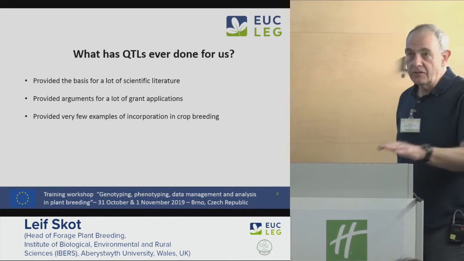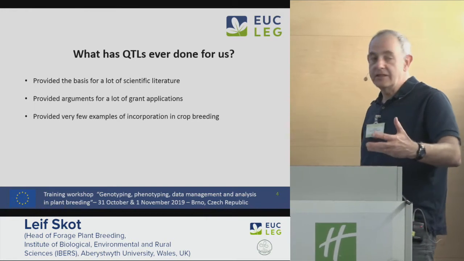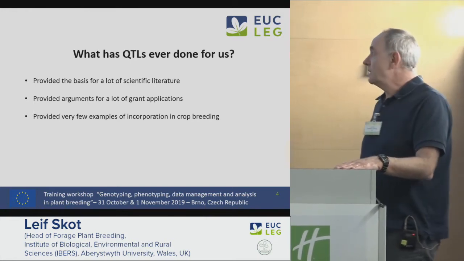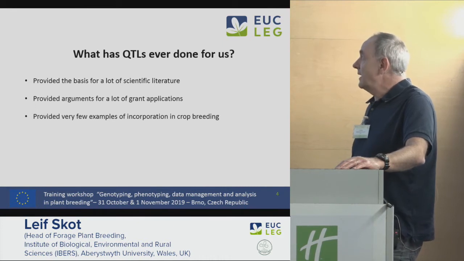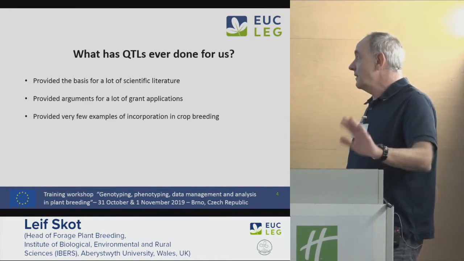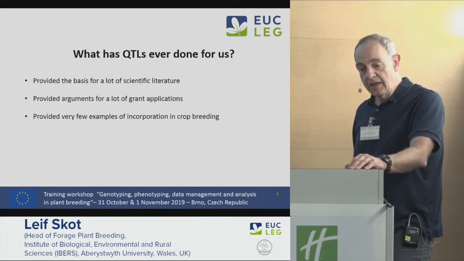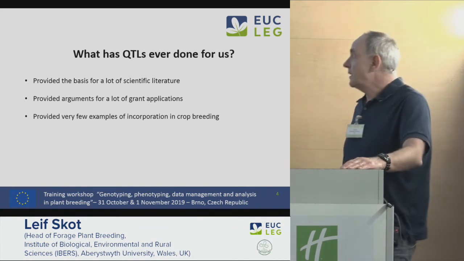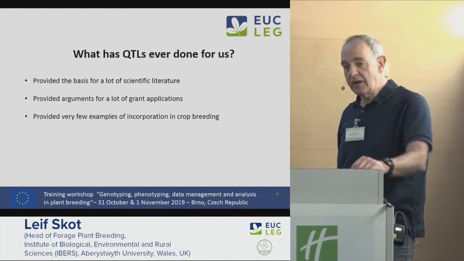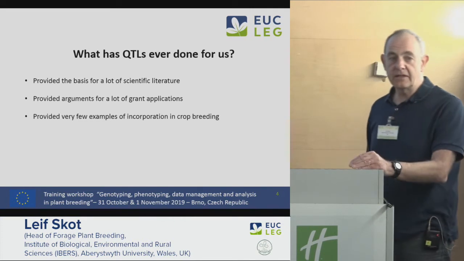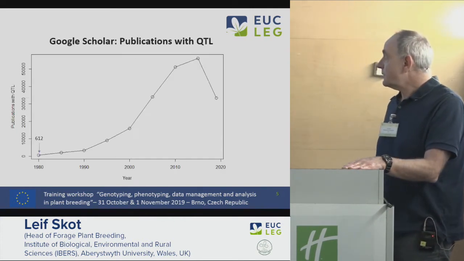Where you say you have this QTL and you want to look at the genetic basis of a certain trait, and over the years that has been used a lot, and it has actually provided relatively few examples of incorporation into crop breeding. But it is changing a little bit now, especially with GWAS and genomic selection. I think this is where even the breeders think that this is actually something useful.